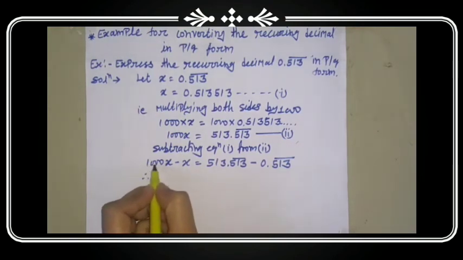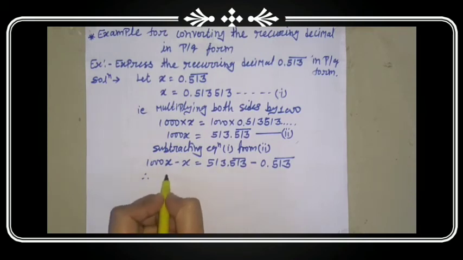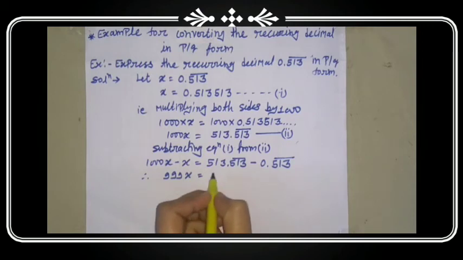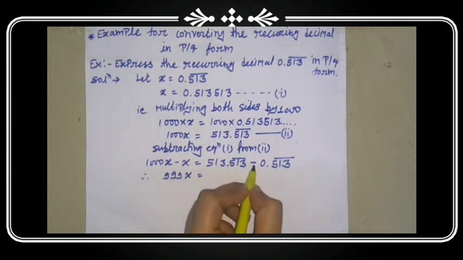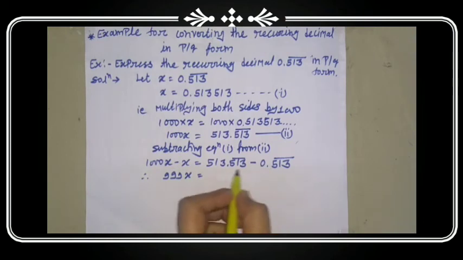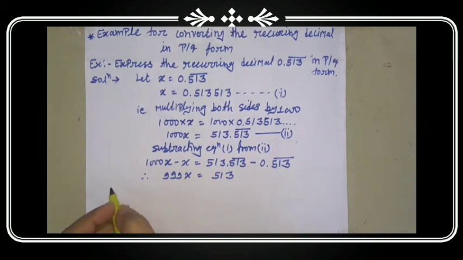Therefore, 1000 minus 1, that is 999x, equals 513.513 minus 0.513, equals 513.